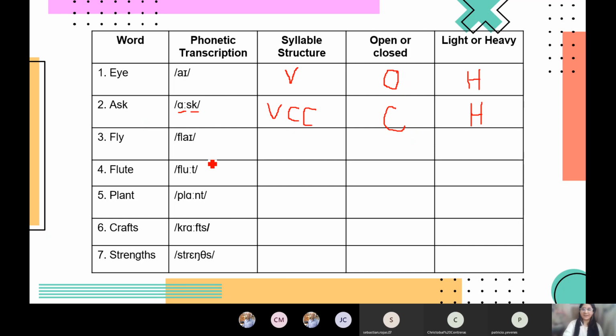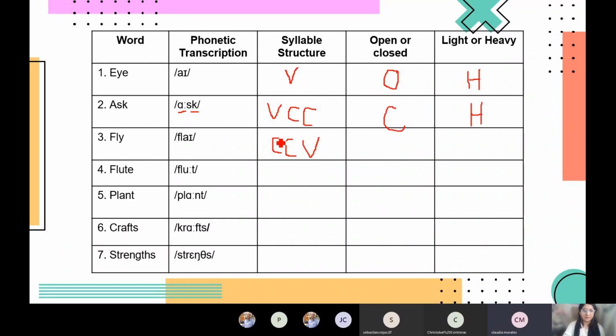Claudia, are you there? Can you help me with this one? Great. Number 3, please. How is the structure? It is CB. Perfect. Is it open or is it closed?